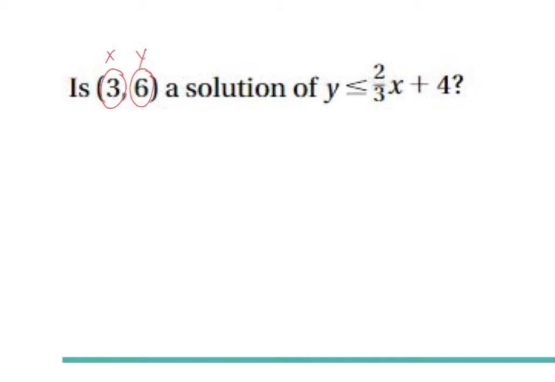3 minus 6. No. 6 minus 6. Wait, what? You said 3 minus 6? No, I said 6 minus 6. Marina, it would be 3 is less than 2 over 3 times 3 plus 4. I'm pretty sure.